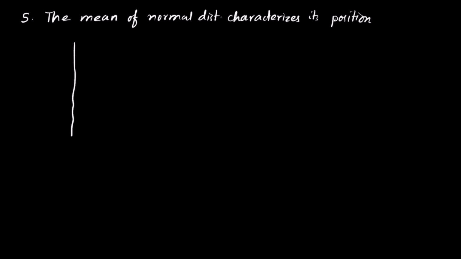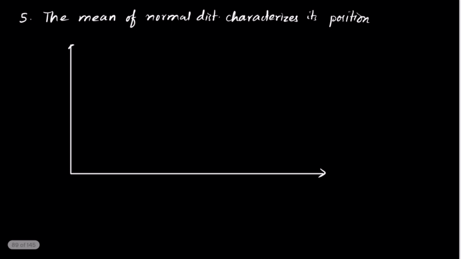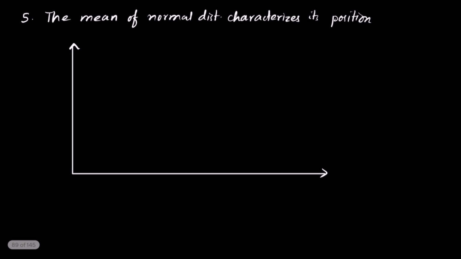Let me show you with the help of a graph. So let's say I have a graph for normal distribution right here. For this particular normal distribution, the mean value is present right here. So this is the mean. So obviously the graph is going to be symmetrically present on either side of the mean value. So the graph is symmetrically present on the left hand side, and it is also symmetrically present on the right hand side.